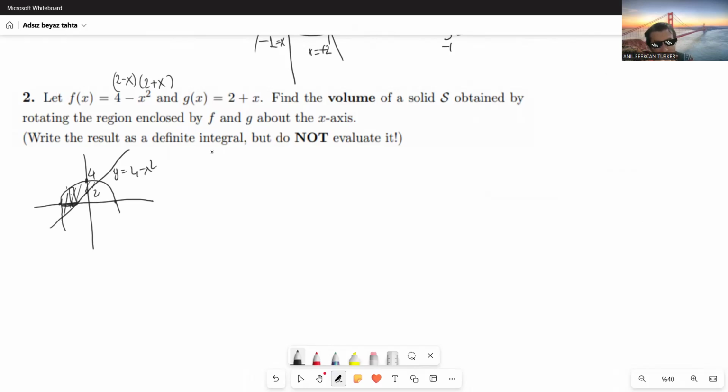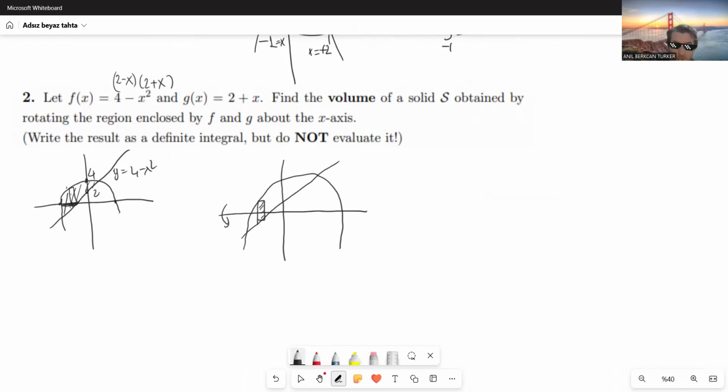I don't think so. Let me draw it more carefully. If you rotate around the x-axis and the upper part is bigger, you will take another extra term. But it's no problem, we can just apply the formula.